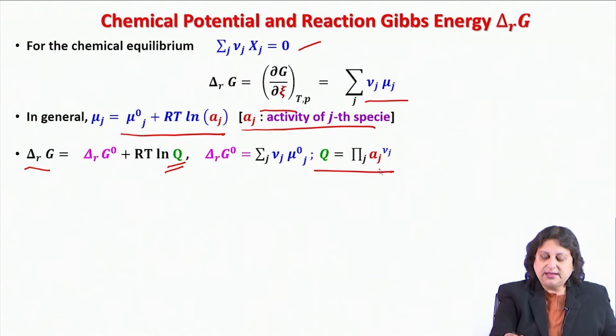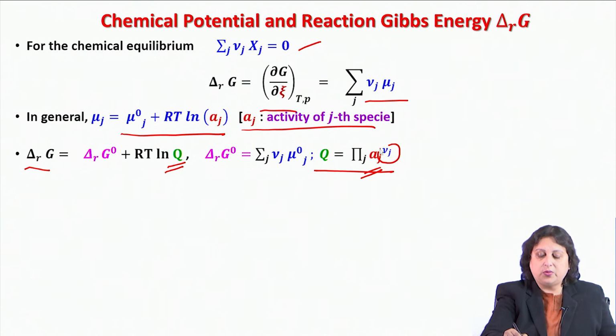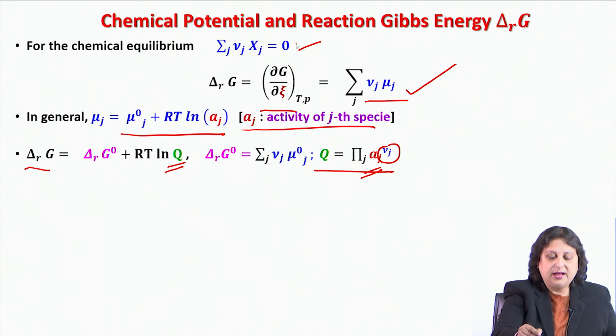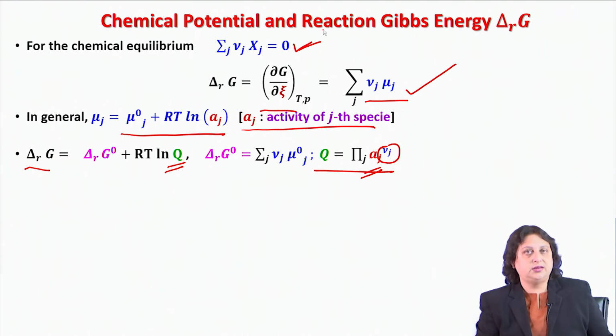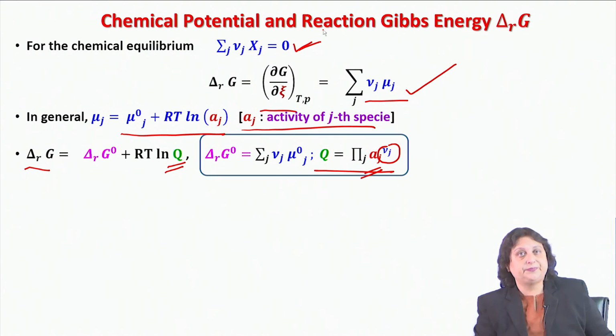And as you see in the definition, the activity of the jth component is raised to the power nu j, where nu j is the component that appears here and it is also appearing here. And this tells us that nu j is going to be a negative quantity when I am talking about a reactant, and it is a positive quantity when I am talking about a product.